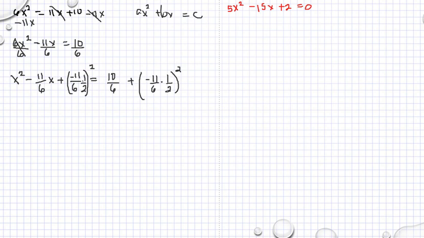And then we can factor that now. It's a perfect square. x minus 11/12 in parentheses squared is equal to 10/6 plus (11/12) squared.